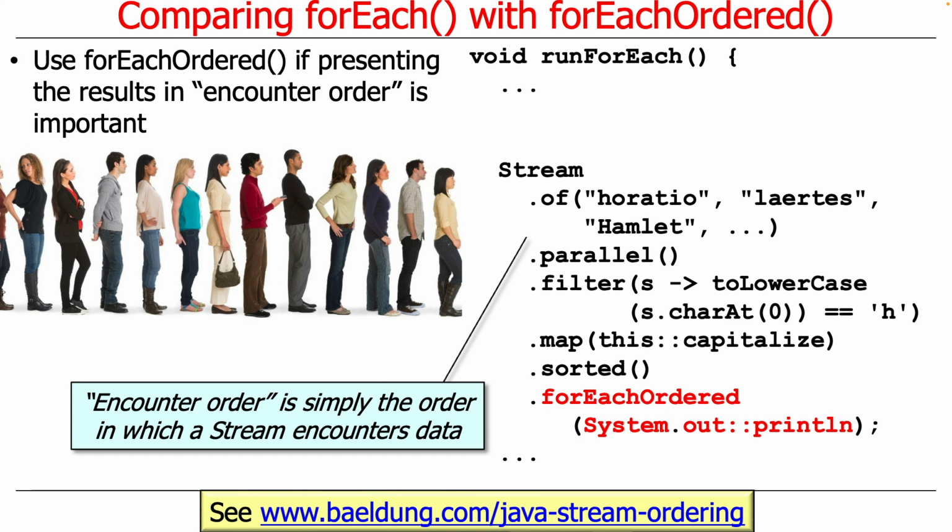It has nothing whatsoever to do with whether or not the stream is sorted. It has to do with the order in which things were encountered. So here we see Horatio occurs before Laertes, which occurs before Hamlet, which occurs before Gertrude or Claudius or Ophelia. That's the order in which things were encountered.